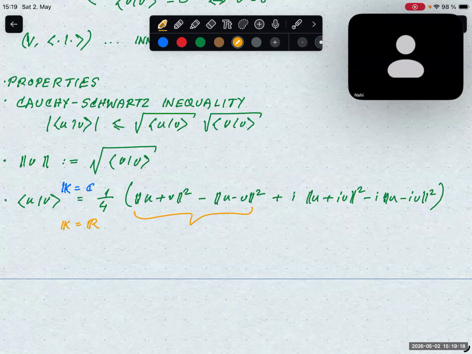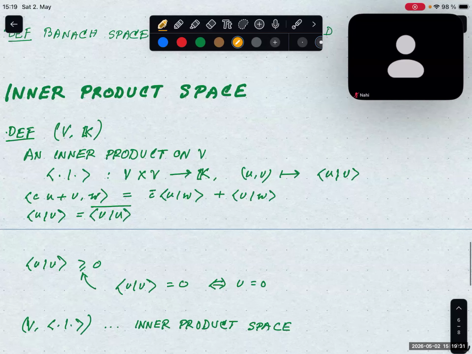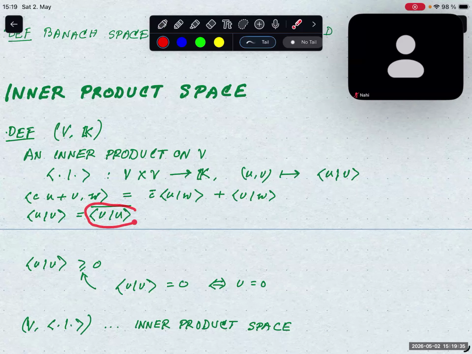It follows in the sense that you have to use this condition, and this condition for R is just the same thing without the bar. So when you use that, then you go back there.